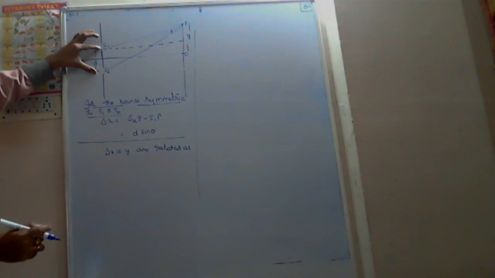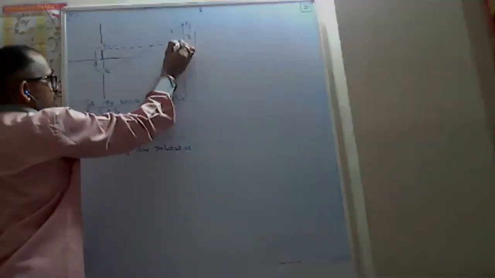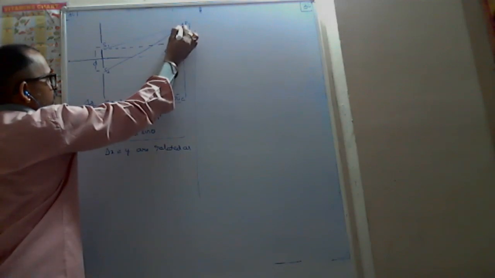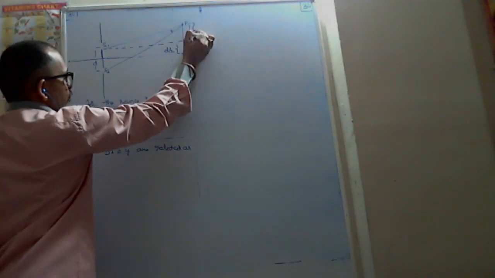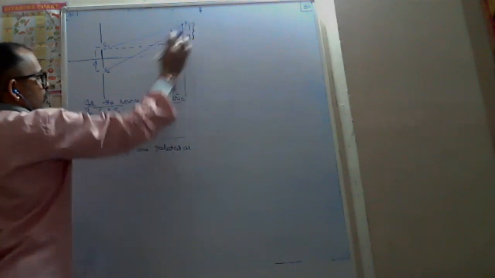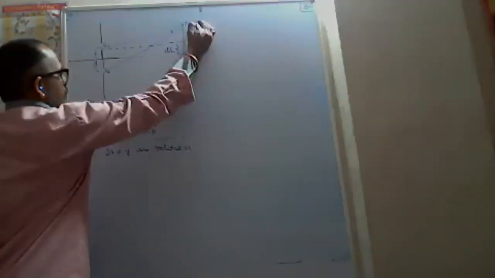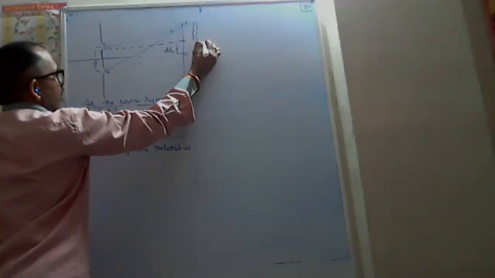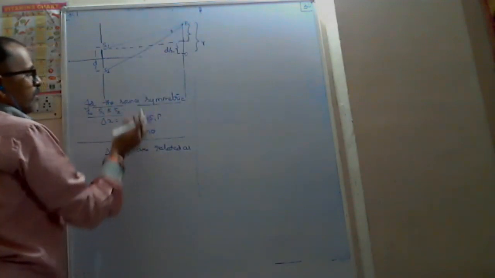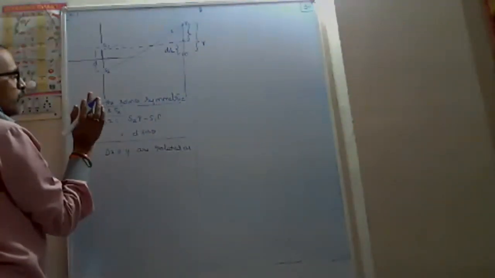Half of d, so this is d by 2. Then what will be this side length from here to the dotted line? Total is y, so it is y minus d by 2.